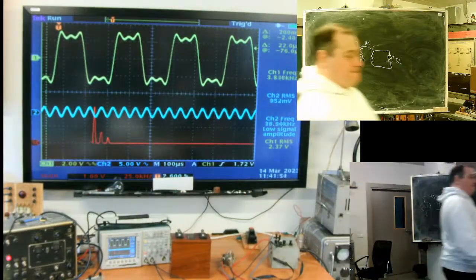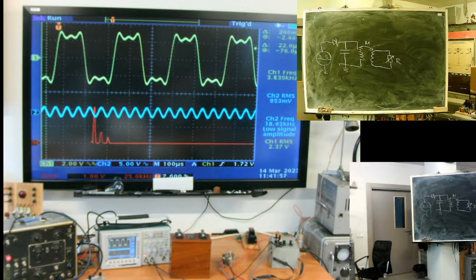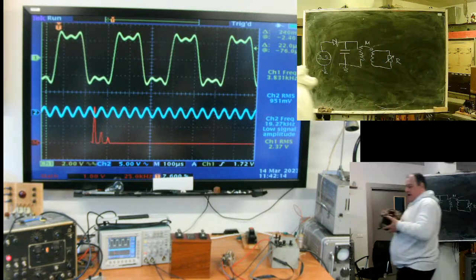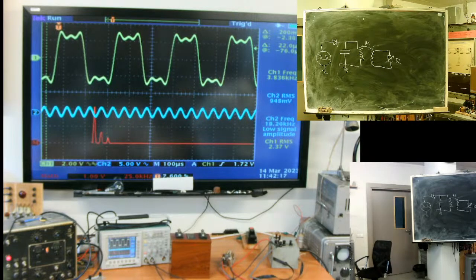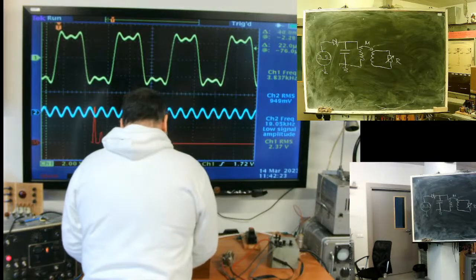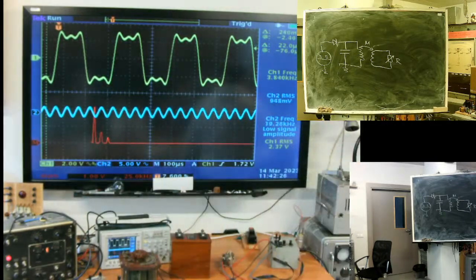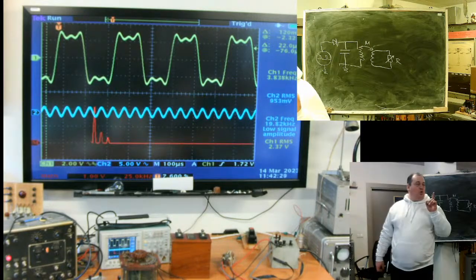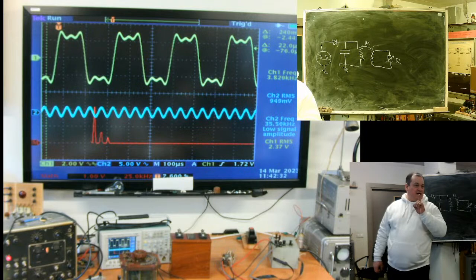Self and mutual. When two or more coils share the same magnetic flux, it is mutual inductance.